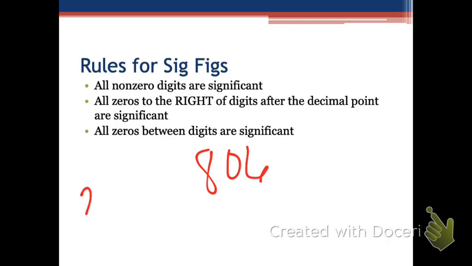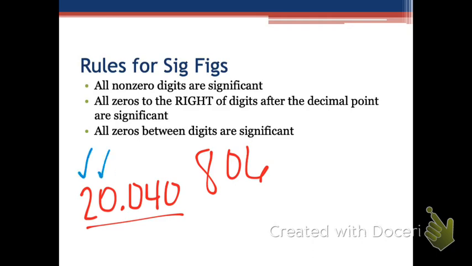How many sig figs there? 1, 2, 3, 4, 5. This 0 is just part of the number, and this one is to the right of digits after the decimal point. Does that make sense? All right, good.